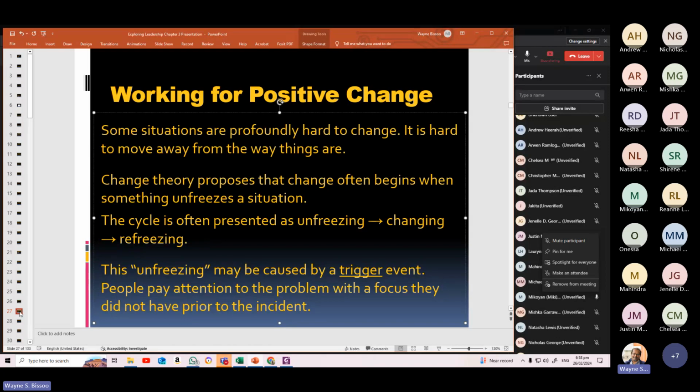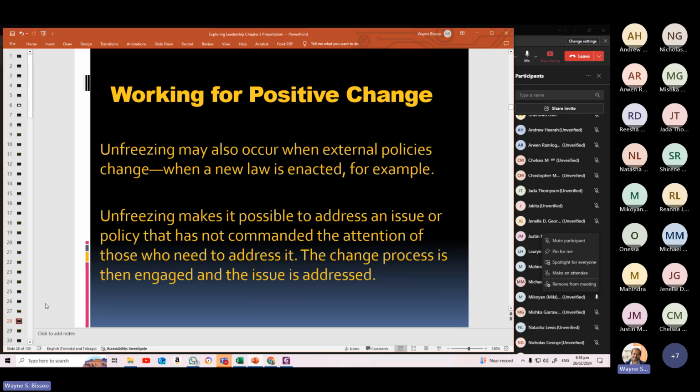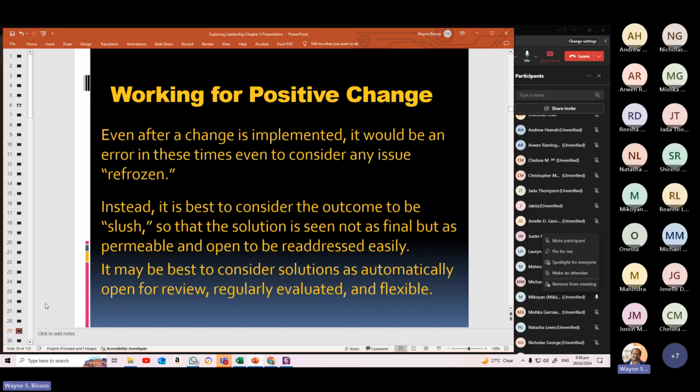All right. Okay, so generally, change theory tells us about unfreezing a situation, making the change, and then refreezing it. But what more modern theories tell us is that instead of refreezing the situation, what we should do is leave it slushy so that the newer organization will be more open to quicker changes in the future.